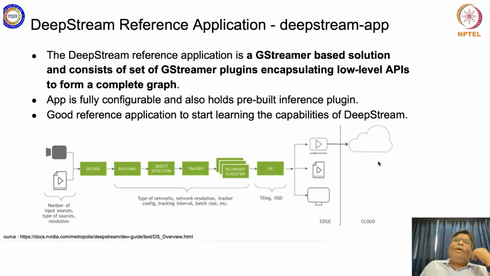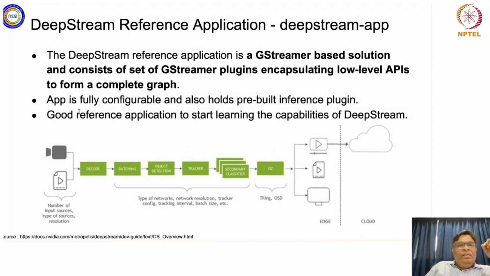So if you want to actually develop a Deepstream app, a Deepstream reference application, the reference application, as I told you, is the GStreamer application. You would be using the GStreamer framework as I showed you. So this GStreamer based solution will consist of a set of Deepstream plugins which are considered to be low level APIs and which will give you a complete graph or a complete end-to-end pipeline.